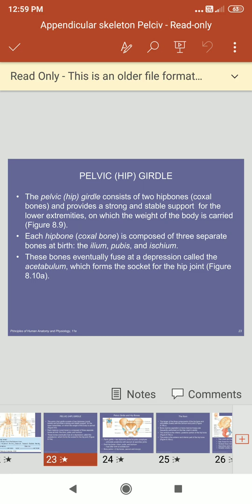Each hip bone, that is coxal bone, is composed of three separate bones at birth: the ilium, pubis, and ischium. These bones eventually fuse at a depression called the acetabulum, which forms the socket for the hip joint.